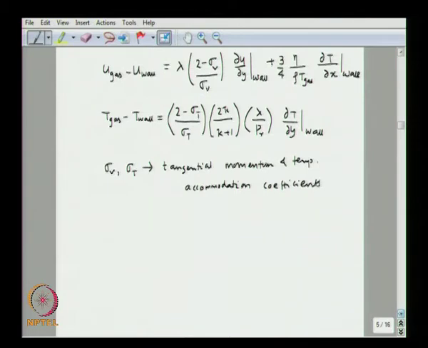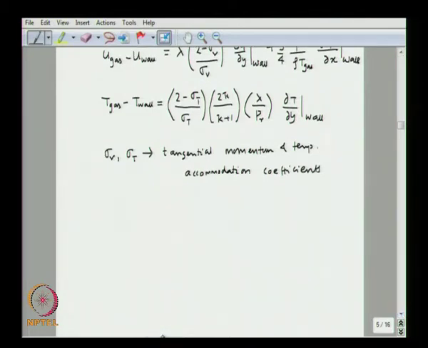We can define the tangential momentum accommodation coefficient sigma v as tau i minus tau r divided by tau i minus tau w. Similarly, sigma T, the temperature accommodation coefficient, is dEi minus dEr divided by dEi minus dEw.